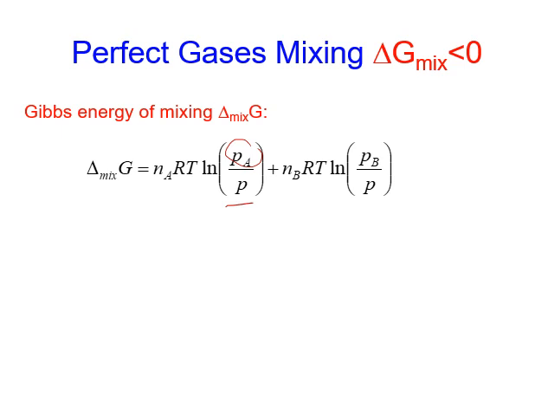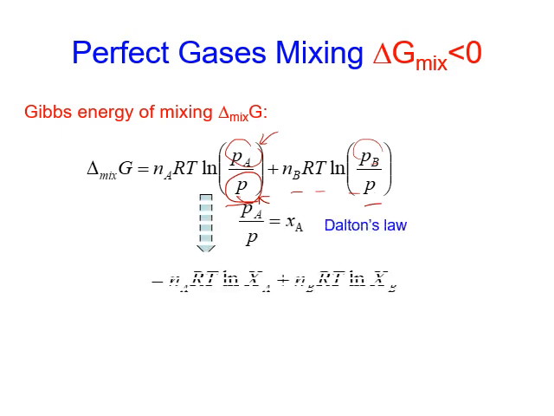Similarly, for B it is NB RT ln PB over P. Now, if you mix two gases at the same pressure, after mixing the total pressure equals P. So the partial pressure divided by total pressure is the mole fraction in the mixture. And therefore, our equation becomes NA RT ln XA plus NB RT ln XB.